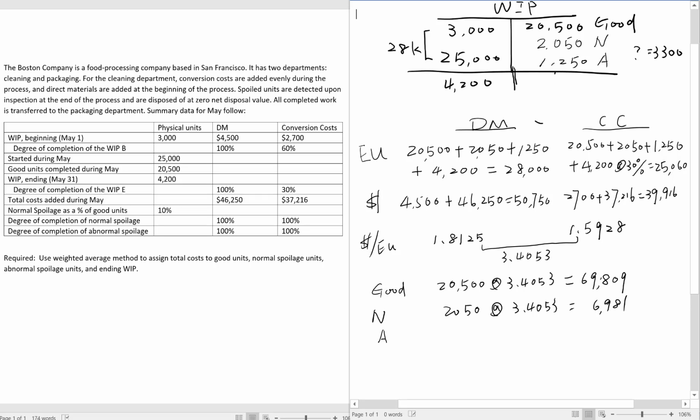Costs assigned to abnormal spoilage units are 1,250 units times 3.4053 equal to $4,257.